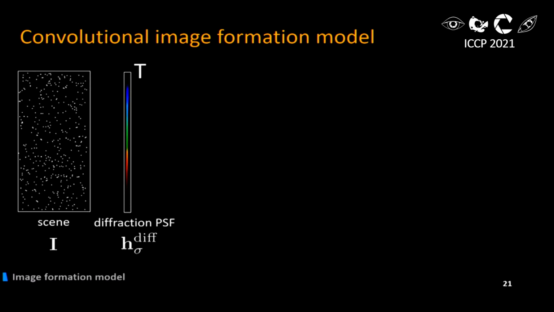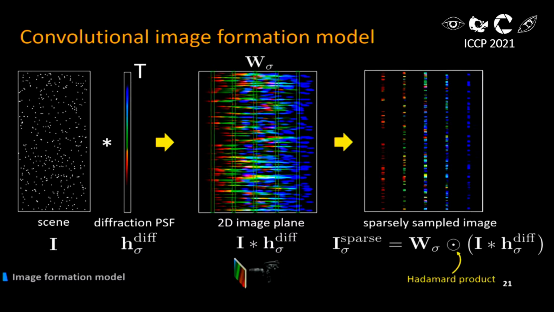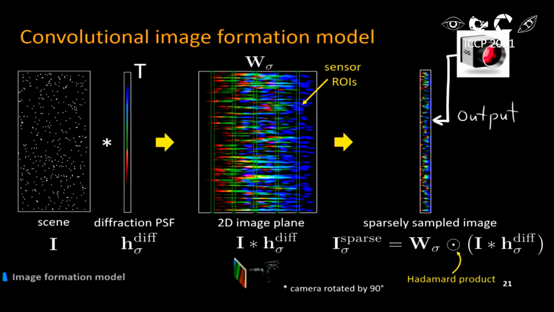Given the scene I, the image on our sensor plane is approximately a convolution of I with the diffraction point spread function. Then, the image plane is sampled using our sampling matrix to yield our sparse image measurements. By the way, this type of vertical sampling is in fact possible with many machine vision cameras. It's done by defining multiple ROIs, and then the camera image is the concatenation of these ROIs.